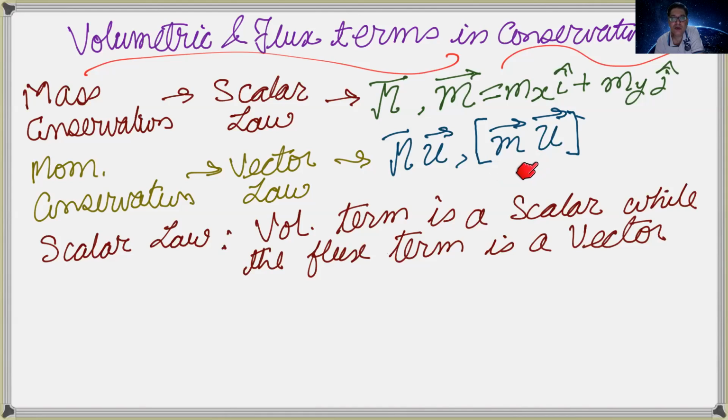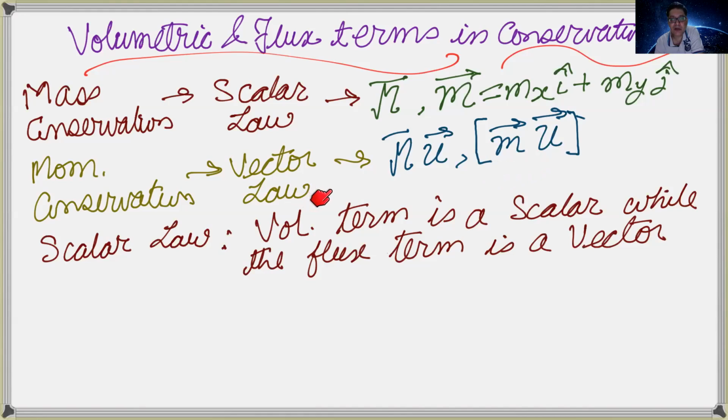All of you know that whenever you take a dot product, let us suppose you have a force F, and you take a dot product with the i unit vector, any dot product reduces the vector to a scalar. Similarly, later I will show you that whenever we apply a vector law, we apply it component by component.